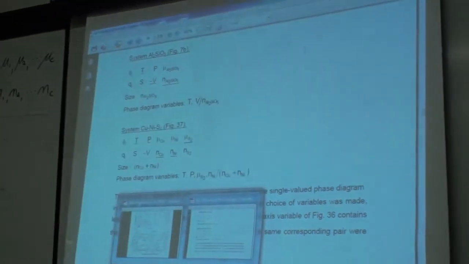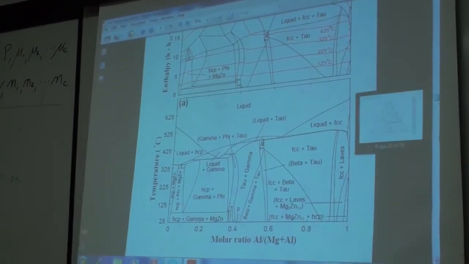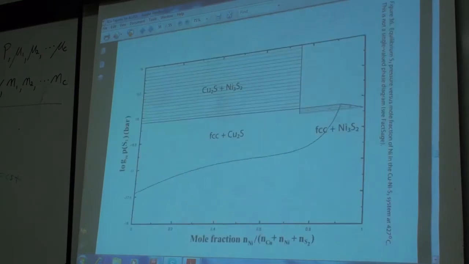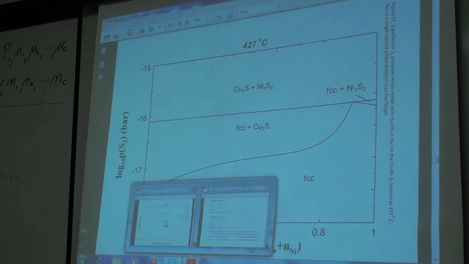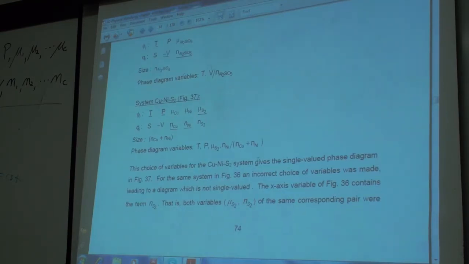I plotted chemical potential of sulfur versus the ratio of nickel over copper plus nickel at constant temperature, according to the scheme that I just showed back here. I'm choosing the variables like this, and so everything's correct.